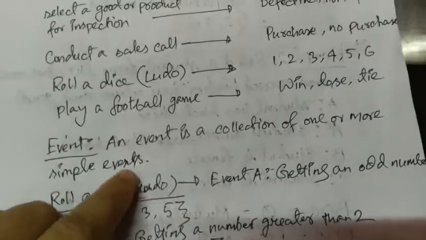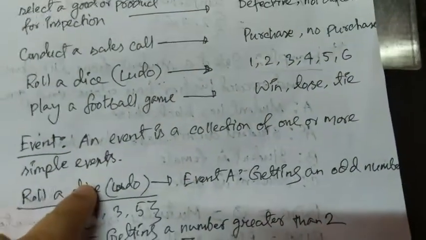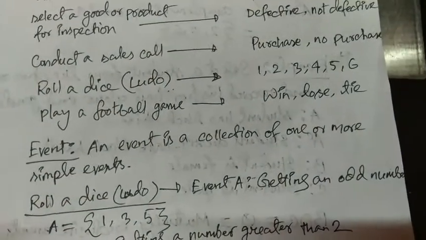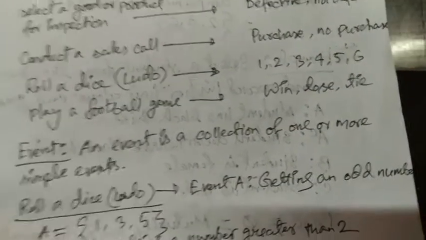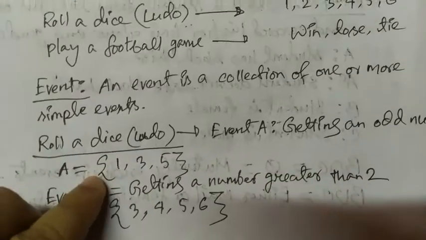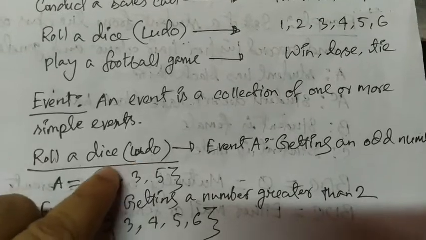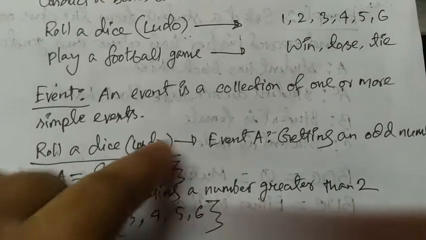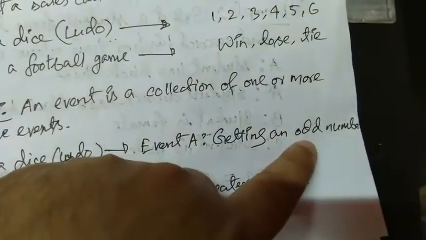An event. An event is a collection of one or more simple events. That means an event can be only one outcome or a set of outcomes. Roll a dice. In the Ludo game, when you roll a dice, that means chokka. For example, event A is getting an odd number.